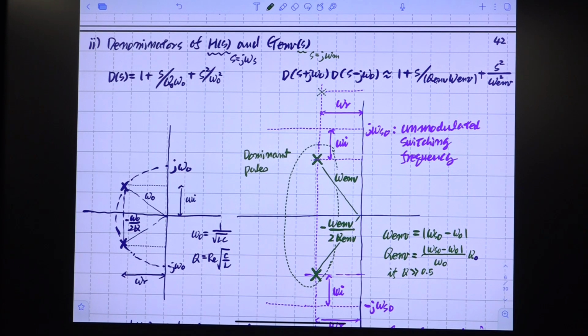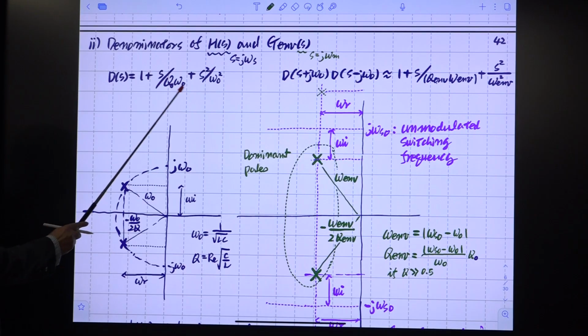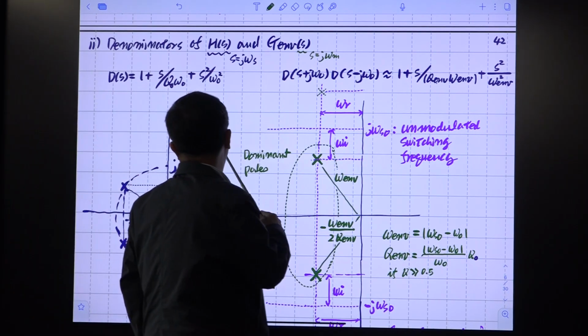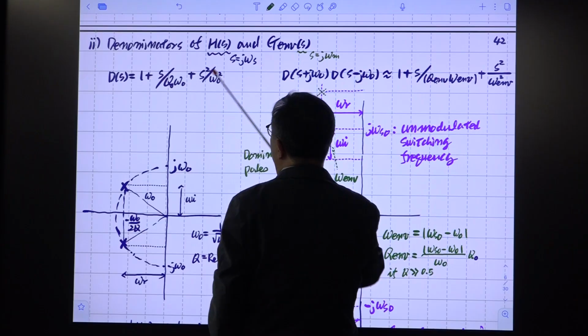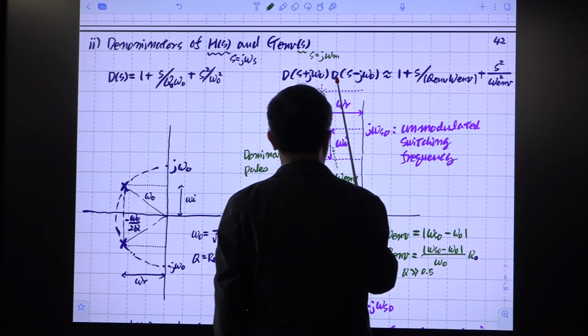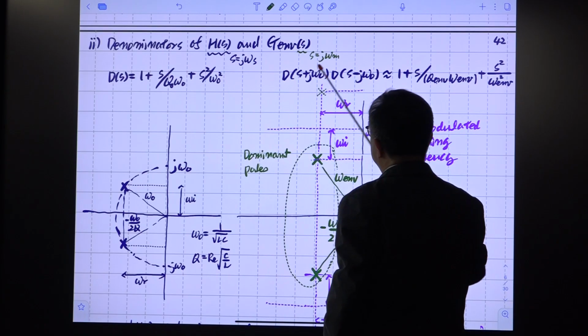Okay. So suppose this is the denominator of your tank transfer function. Then from this information, you can locate the two poles here. One is here and the other one is here. They are complex conjugate poles. The only difference between the denominator of the tank transfer function and the denominator of the envelope transfer function is that you only have D(s) here, and you have these two terms.